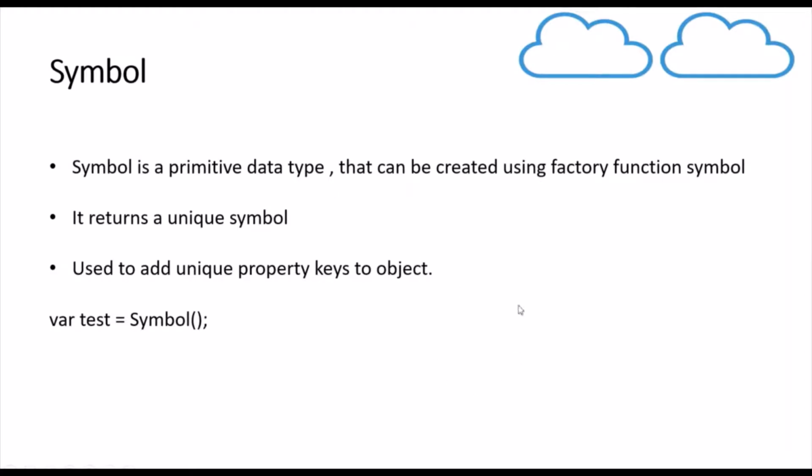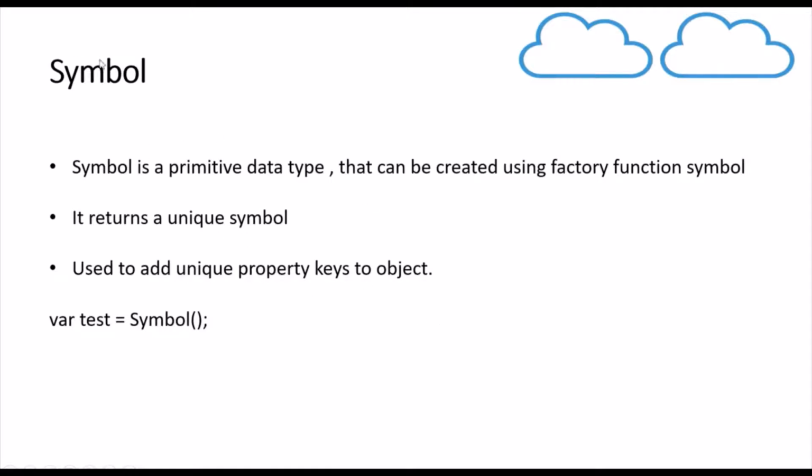Now, symbol is a primitive data type, and it can be created using a kind of factory function Symbol. Okay, and every time we use this, it will generate a unique symbol. It will return a unique symbol, and one of its major uses is to add unique property keys to the object.